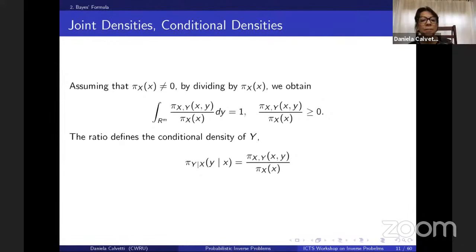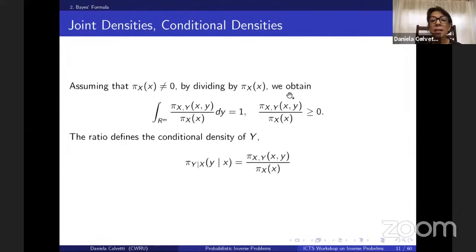By dividing both sides of the previous identity, we get that the integral of this ratio is equal to 1. Also, the ratio pi of x y divided by pi of x is greater than or equal to 0. So this satisfies the conditions for being a probability density.